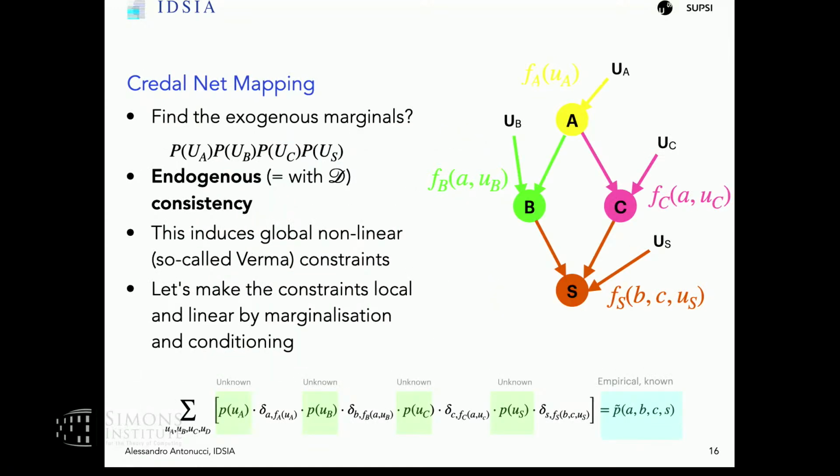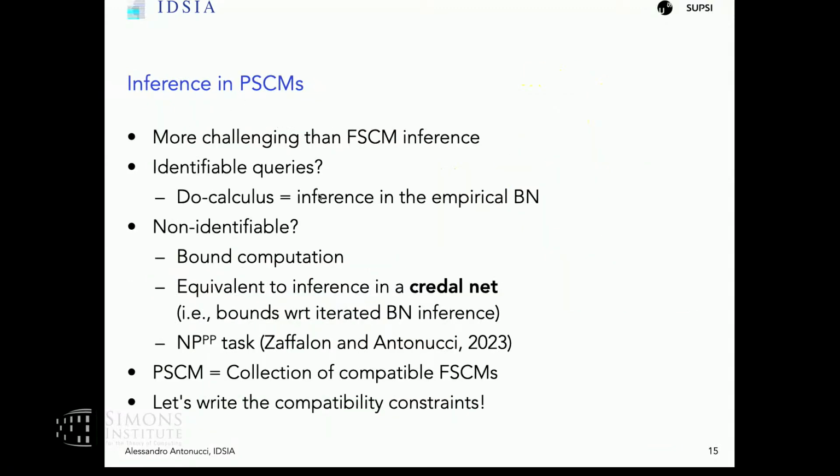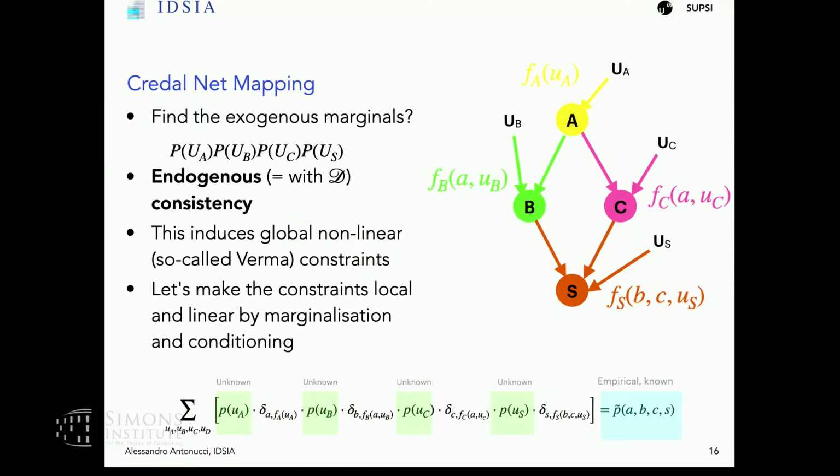Okay, here I cannot skip, but I will be very quick. This shows the mapping we derived between these models and credal networks, which is not necessarily operational, but it's just to show you an explicit formulation of this set of compatible structural causal models. So if you want, these are the compatibility constraints.